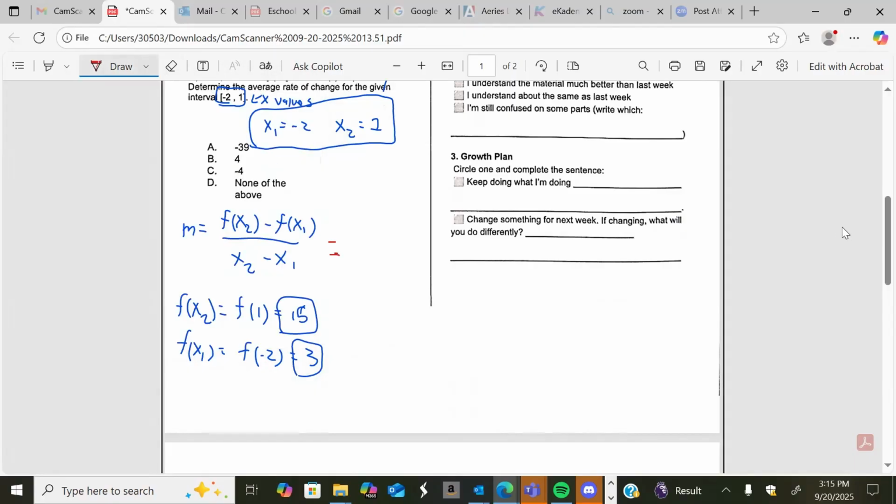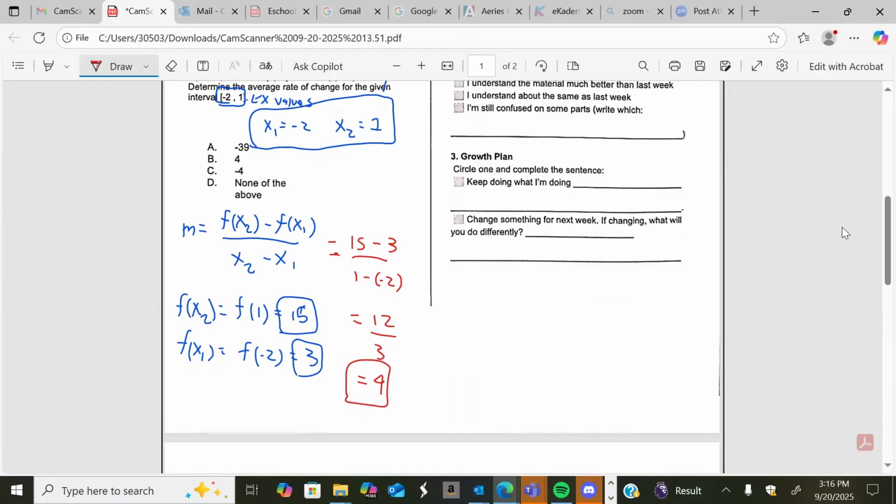This is equal to f of x2, which is 15, minus f of x1, which is 3, divided by x2, which is 1, minus, and this is the tricky part, parentheses, x1 is actually a -2, so I'm going to put parentheses there. So this is equal to 15 minus 3, which is 12, over 1 minus -2. Negative times negative is positive, so this becomes 1 plus 2, which is 3. 12 divided by 3 is 4, and that is my answer.